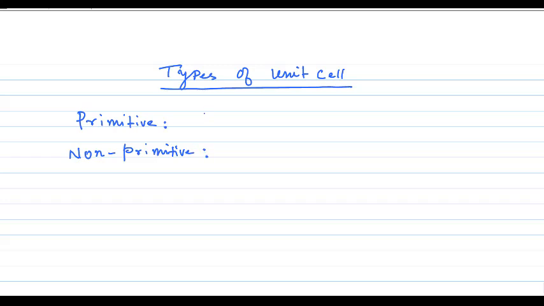Primitive is a unit cell where you have lattice points only at the corners. And a non-primitive is the one where you have lattice points at corners plus other positions also.